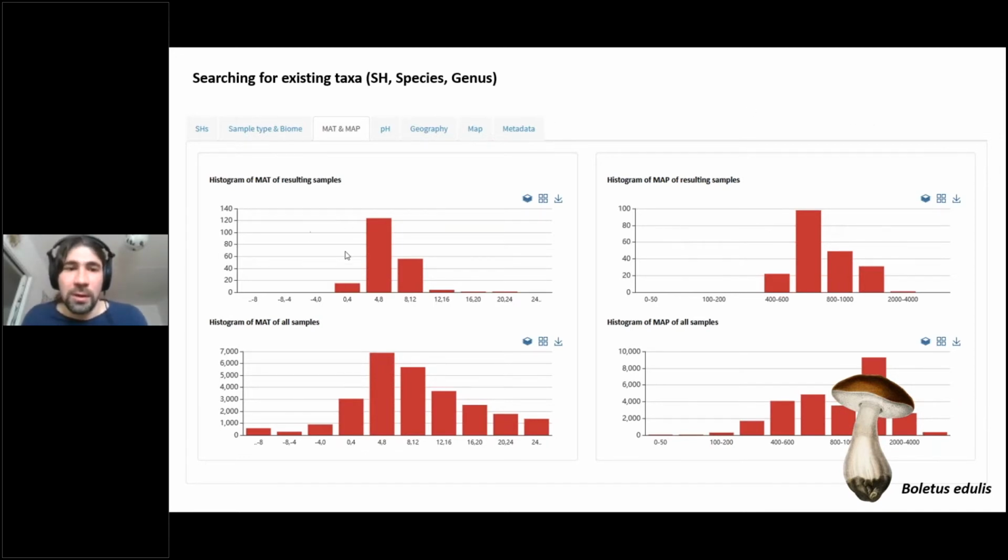So you can see that this mushroom occurs at some average temperatures, and the precipitation is mostly on the wetter part of the world.